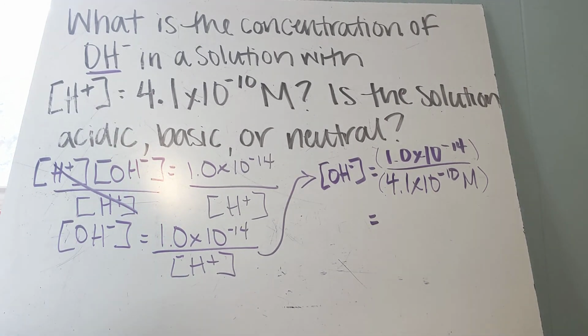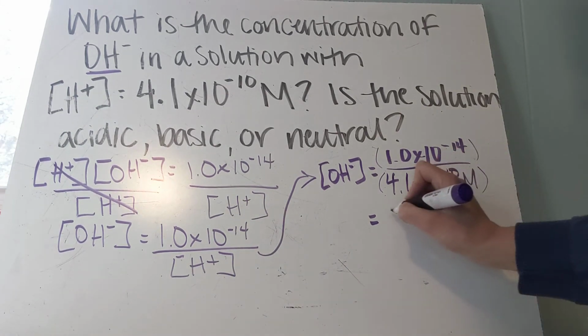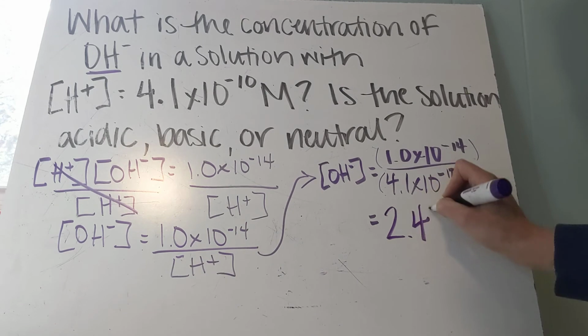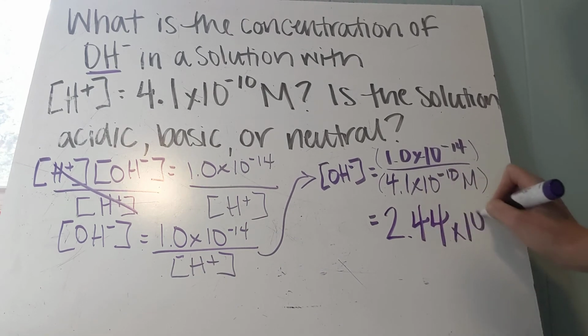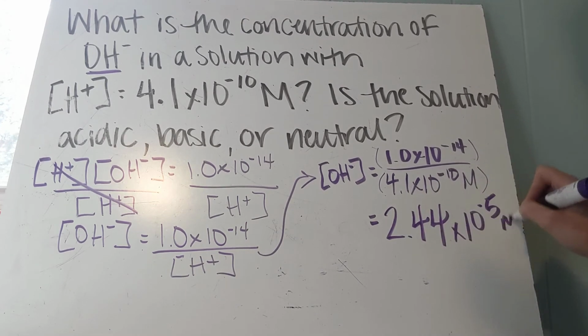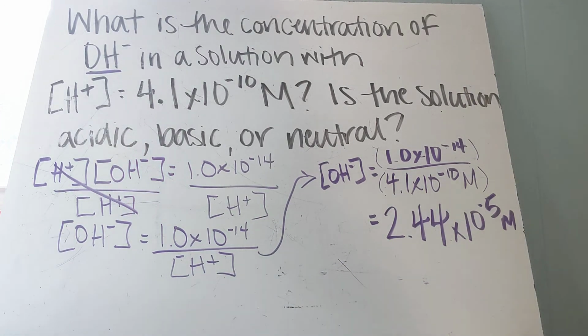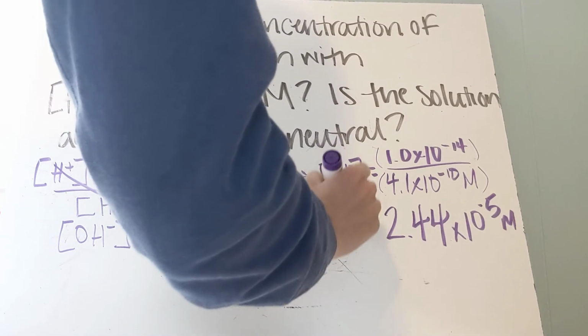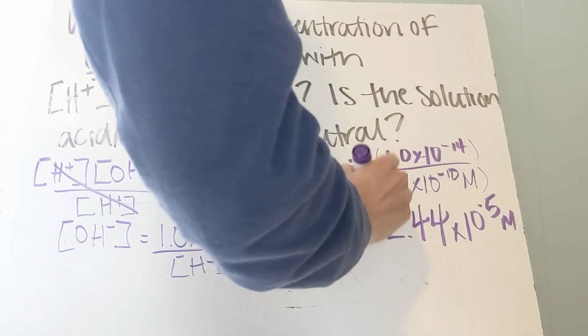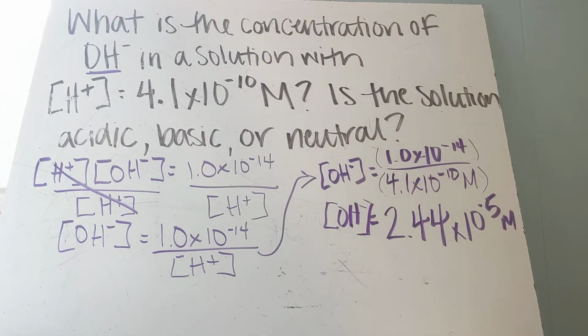And I get 2.44 times 10 to the negative 5th. And again, our question asks us, is the solution acidic, basic, or neutral? So we need to figure out which one is greater, the OH minus concentration or the H plus ion concentration.